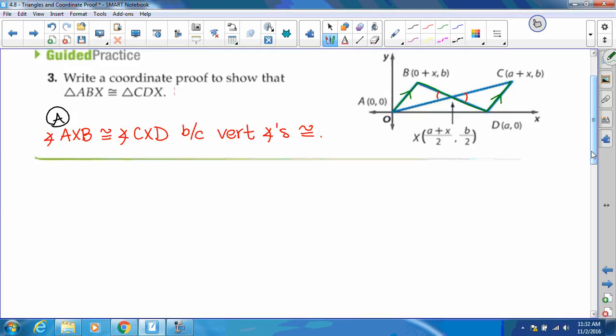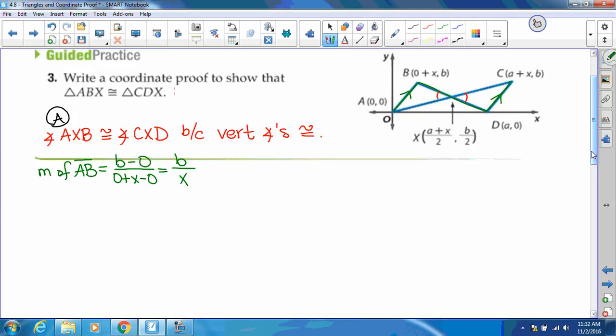So let's find the slope of those lines. So the slope of segment AB would be, I'm going to take AB y coordinates, so B minus 0 over 0 plus x minus 0. So I would get B over x. That's the slope of AB.